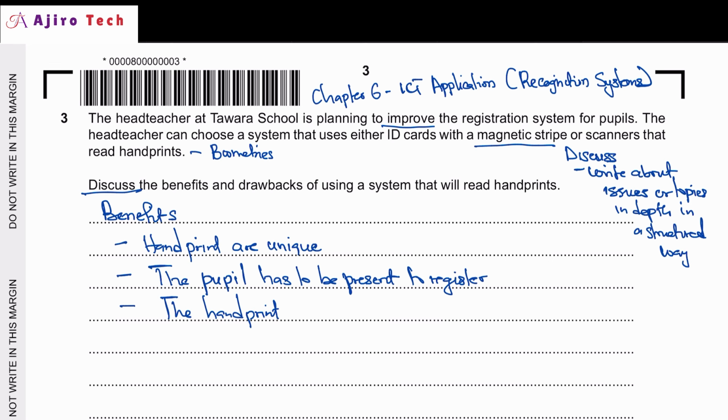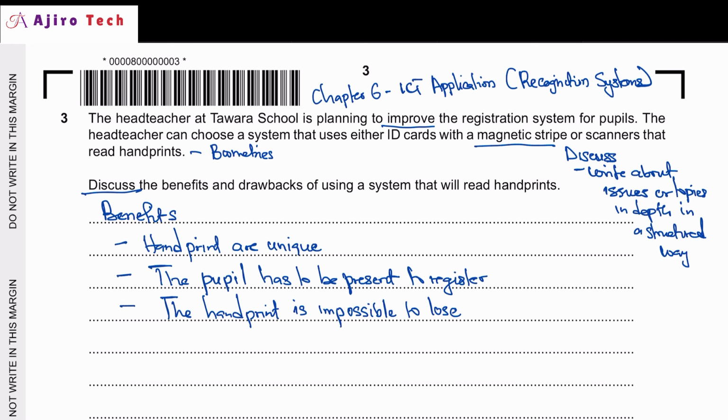They also said that the handprint is impossible to lose. Unlike the magnetic stripe, the child might say, teacher, I forgot my magnetic stripe.